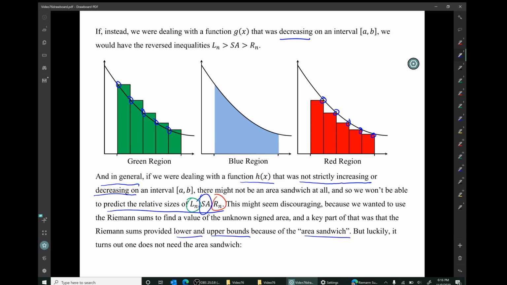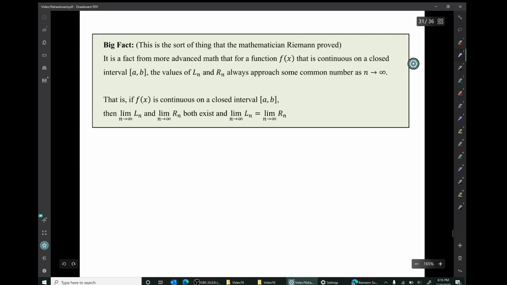But luckily, it turns out that one does not need the area sandwich. There's a big fact from higher math. This is the sort of thing that the mathematician Riemann proved. It's a fact that for a function f of x that's continuous on a closed interval a to b, the values of L_n and R_n always approach some common number as n goes to infinity.